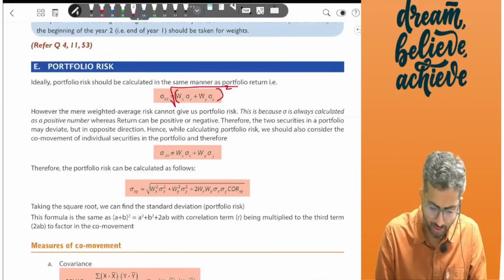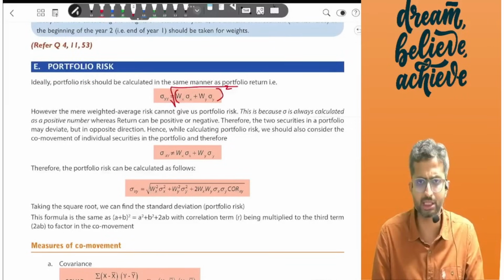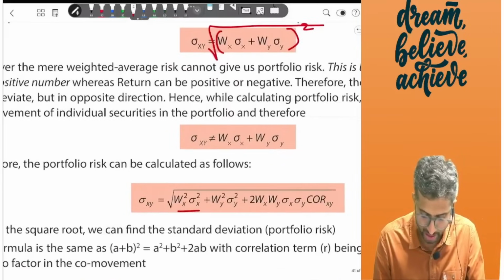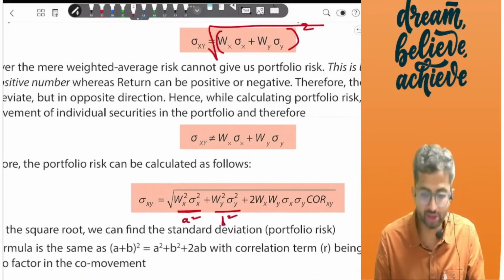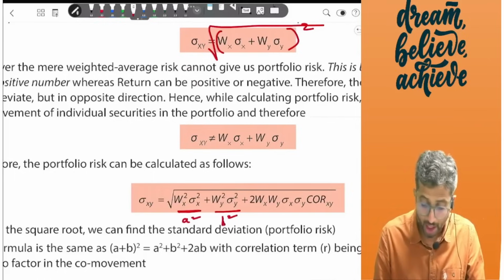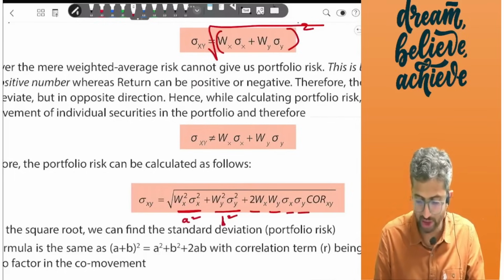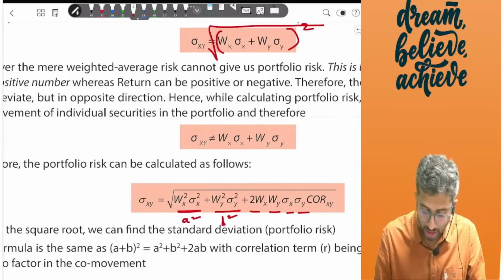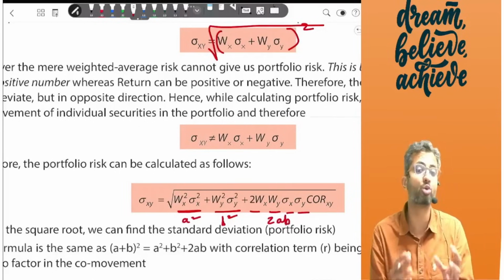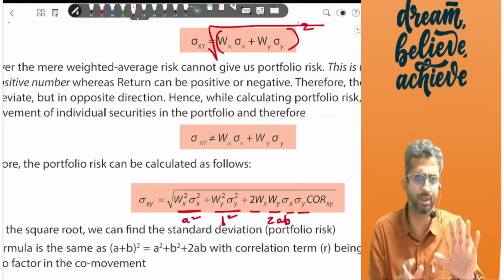So my first term will be W squared X into standard deviation squared X, that is like A squared. The second term is going to be W squared Y into standard deviation squared Y, B squared, plus 2 into Wx into Wy into standard deviation X into standard deviation Y. Now, this is where usually the 2AB term ends, but when there is 2AB, there is co-movement. A and B are coming together. In the first two terms, A and B are not coming together.